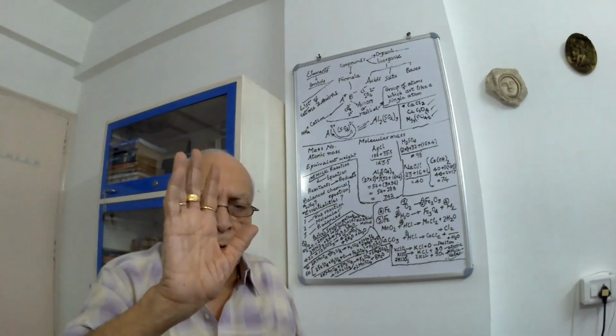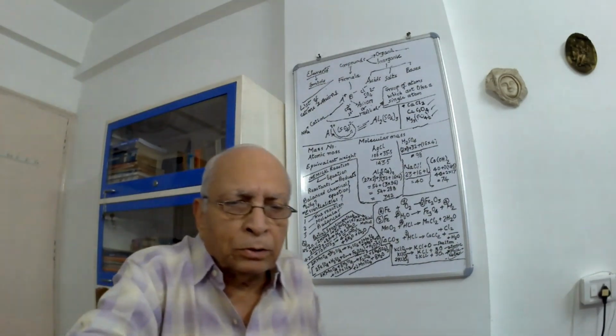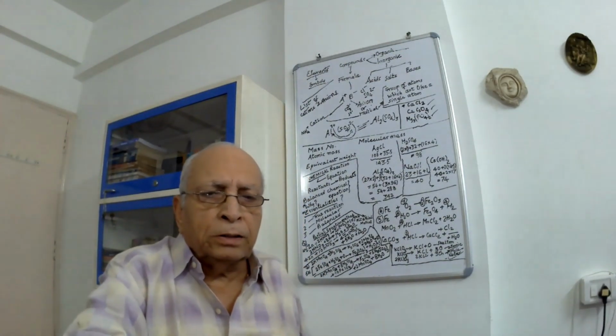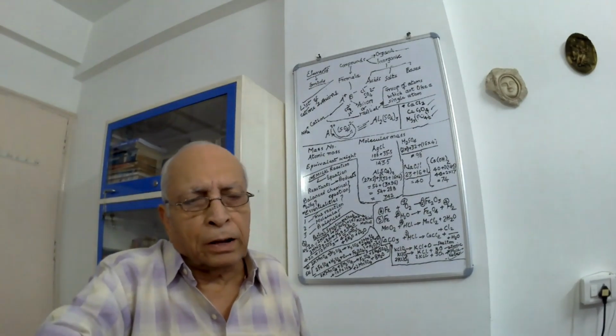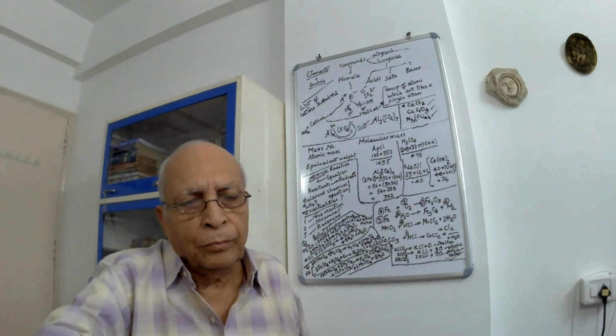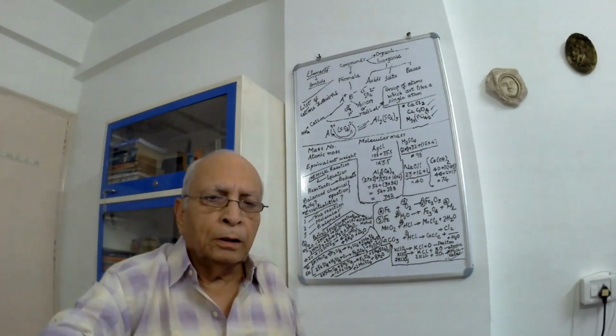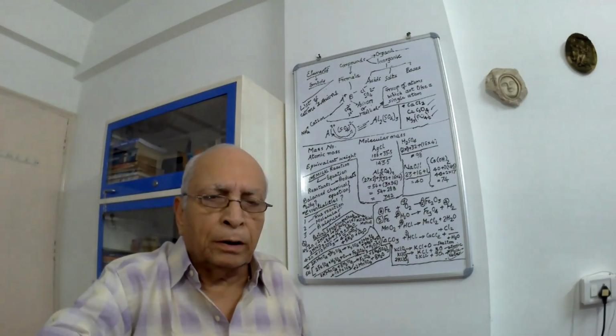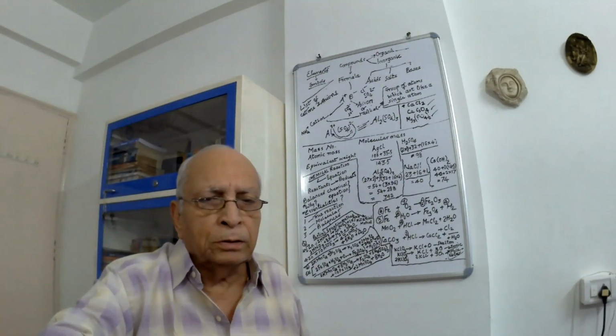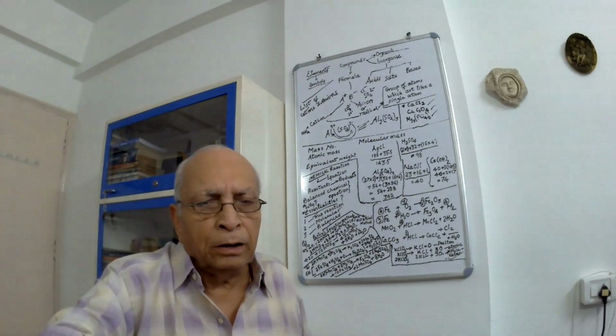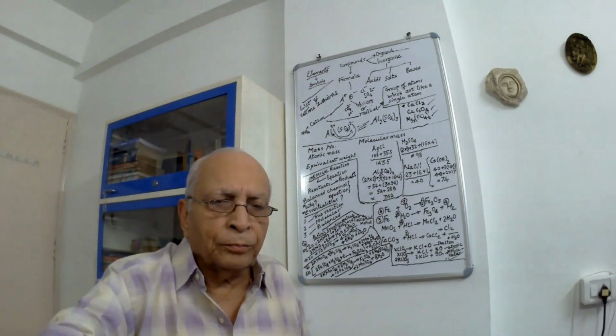We shall get more details about acids and bases, but mind it, acids always contain H as a cation, and bases usually contain OH, that is hydroxide, as an anion.